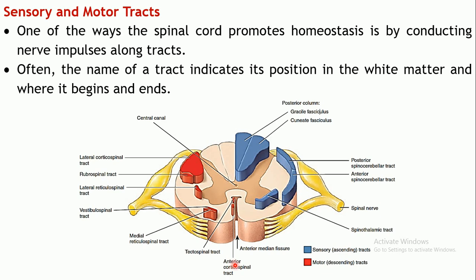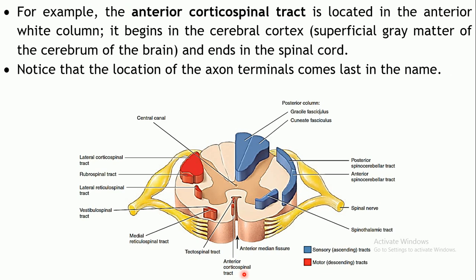So this first word indicates where exactly it is located, and the next word indicates where it begins and where it is ending. Corticospinal tract means it is originating in the cerebral cortex and it ends in the spinal cord. That's why it is named as corticospinal tract.